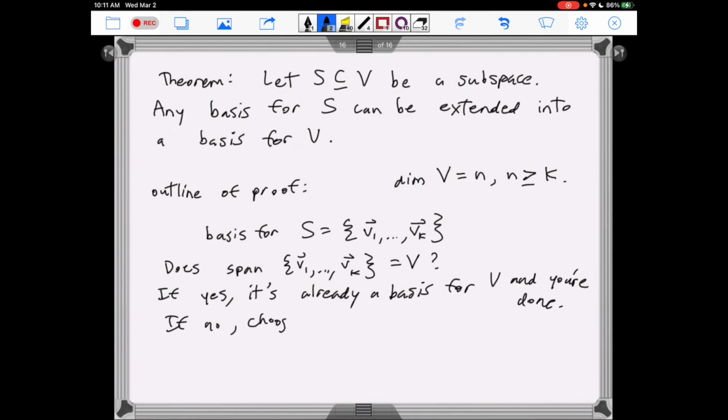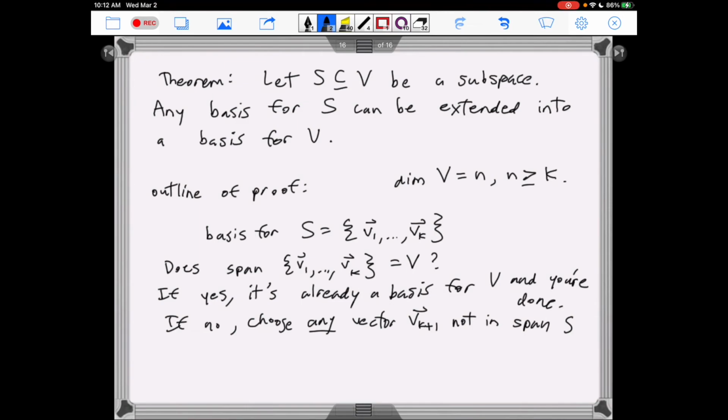If no, choose any vector and call it vk plus 1. Not in the span, because if it doesn't span the whole thing, then that means you can find a vector not in there, right? Okay, you know what?